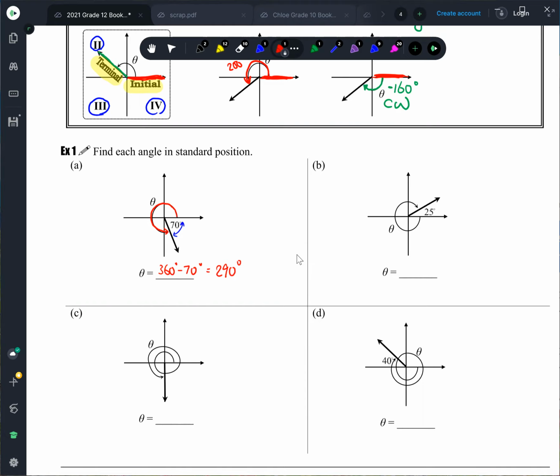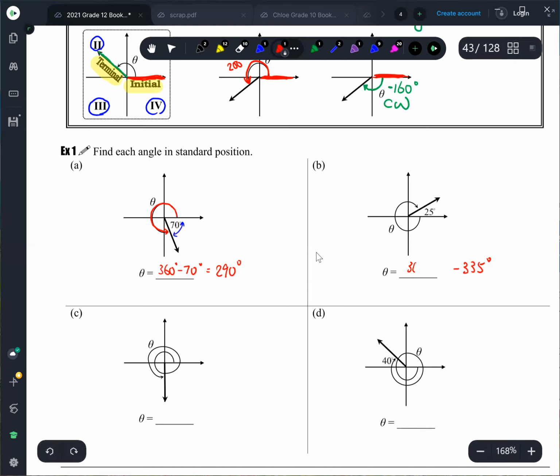Okay, question B. Caleb, what's your answer for B? Minus 335. Okay, how did you find that number? 360 minus 25. 360 minus 25, but that will be positive though.